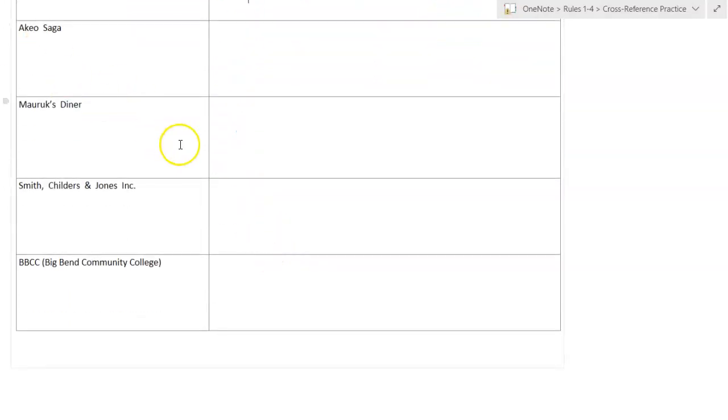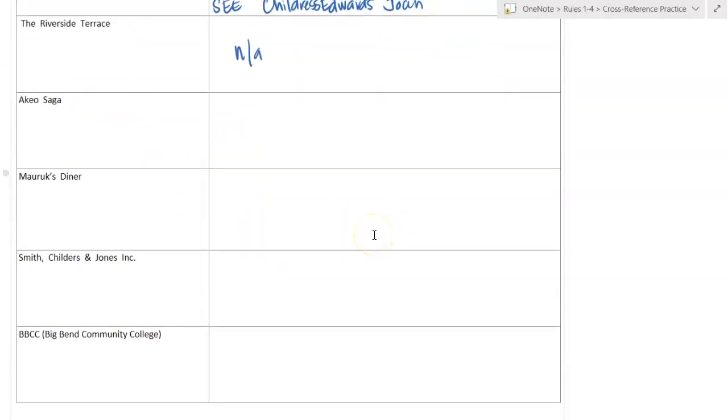Okay, here we have Akeo Saga. Recall that this was one of the first examples that I showed you. So even though we do live in Hawaii and we're kind of used to having Japanese, Chinese, Korean last names, we might be used to that. But in the mainland, people might not be able to determine the first and the last name.